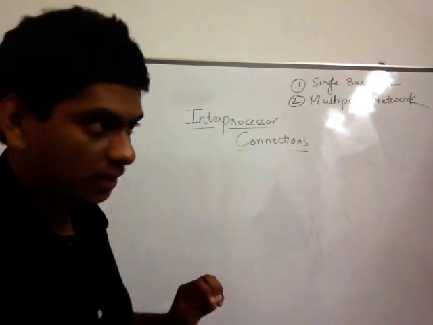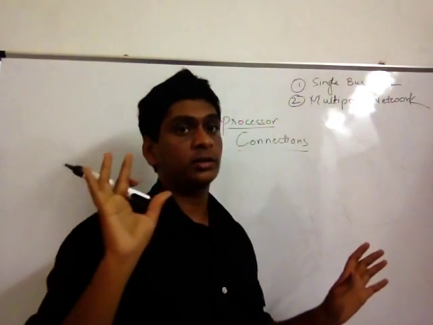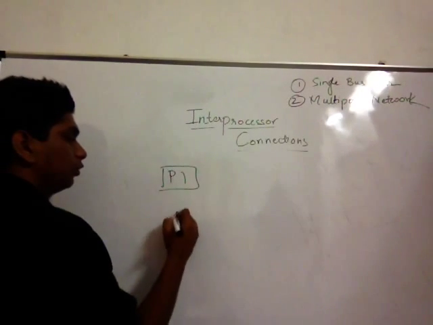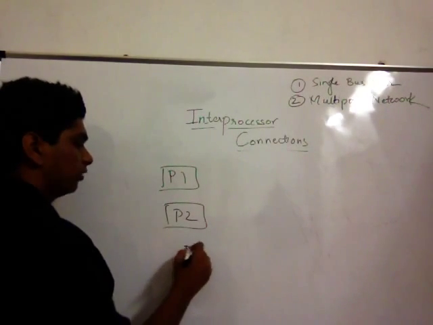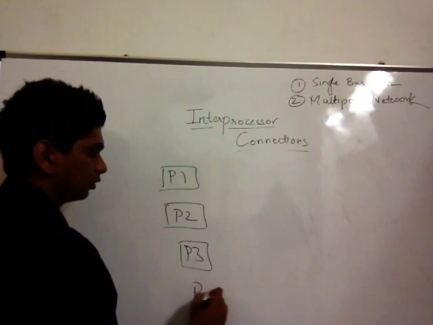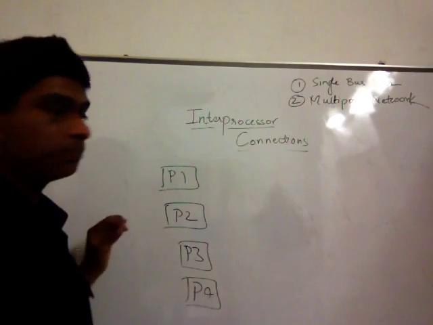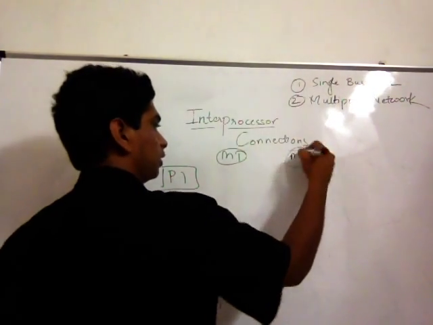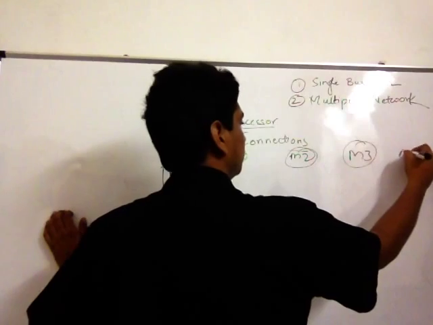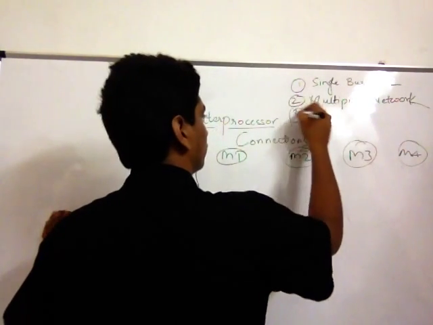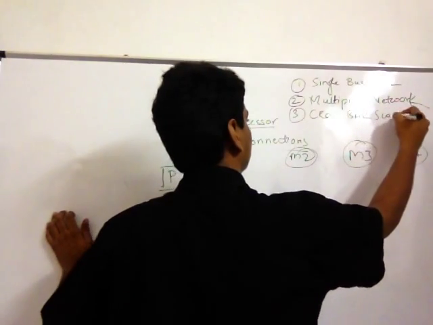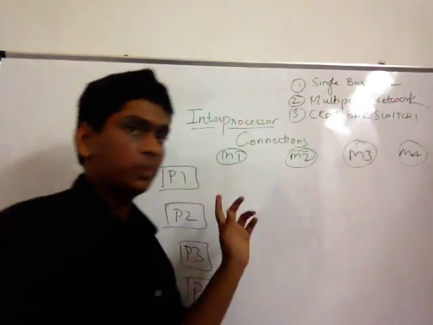The crossbar switch, you will enjoy drawing this in your exam. You have processor 1, processor 2, processor 3, processor 4. I have my memory module 1, memory module 2, memory module 3, memory module 4. This is the crossbar switch.